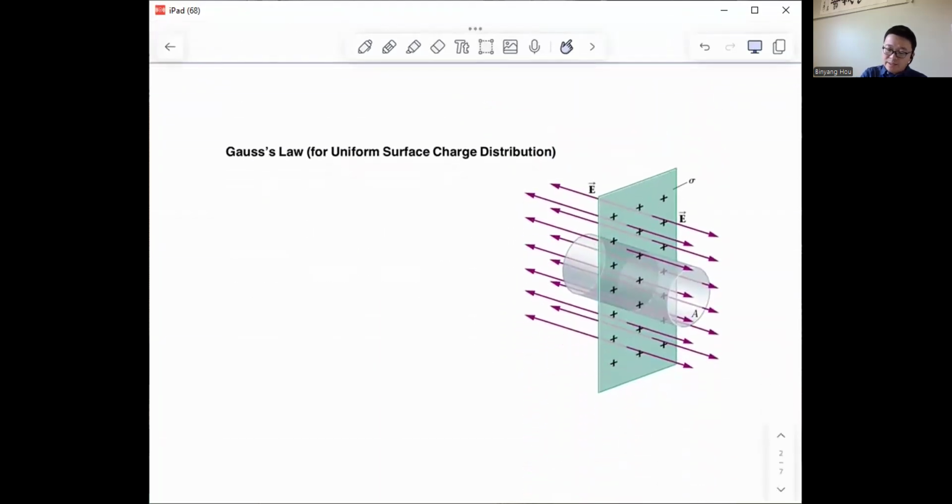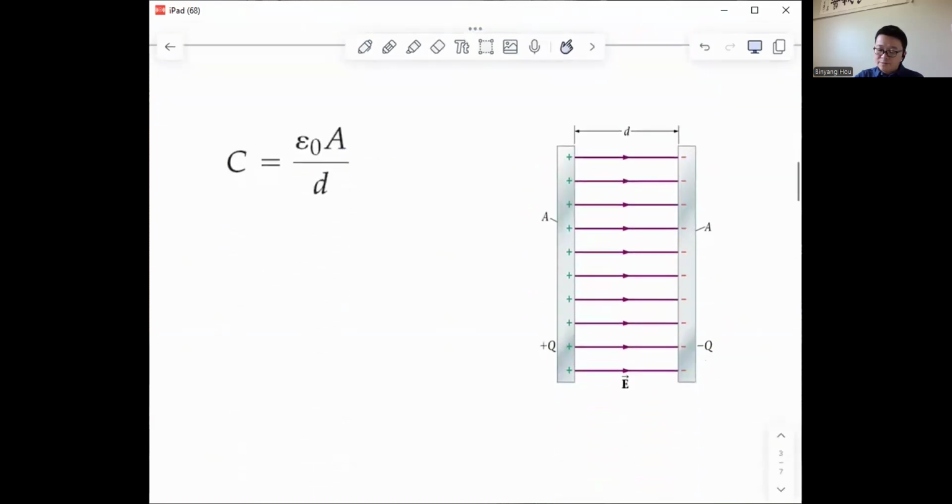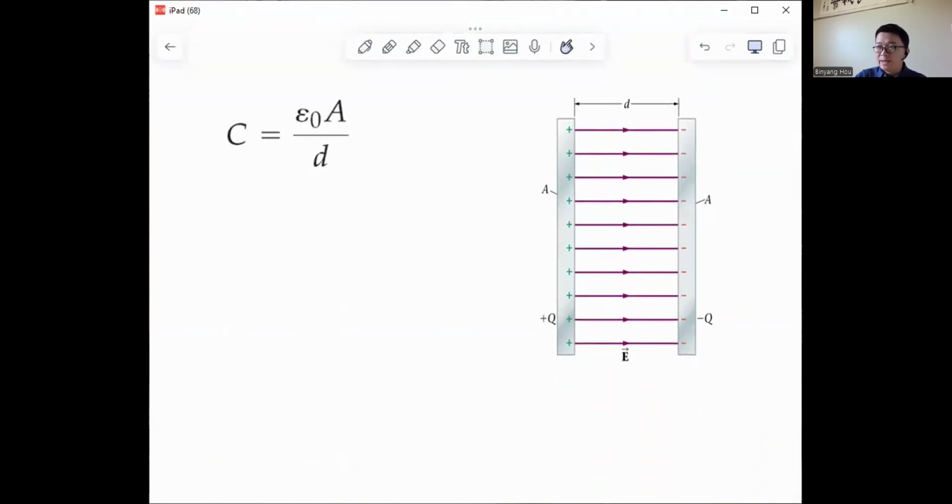The E field by this plate is just sigma over 2 epsilon naught. So for the parallel plate, if we have one plate, the E field is going in this direction, and the E field by this plate only is sigma over 2 epsilon naught.